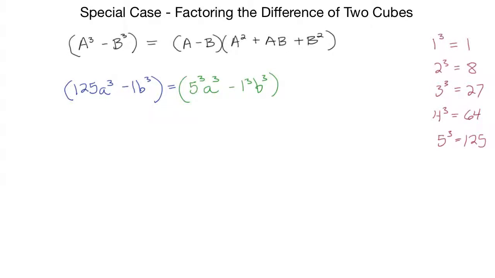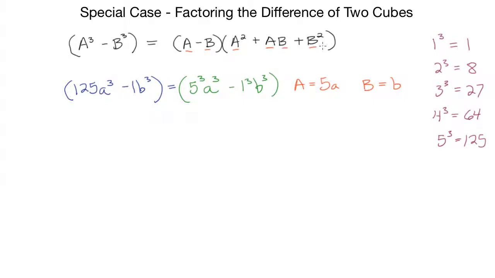And then what I need to take from there is, before the third power, if I undo the third power, my value for a is just 5a. So I'm going to put 5a in place of all these values for a in the factoring. And b is equal to just 1b, or I can just put b. So I'm going to put a little b for all these big b's.